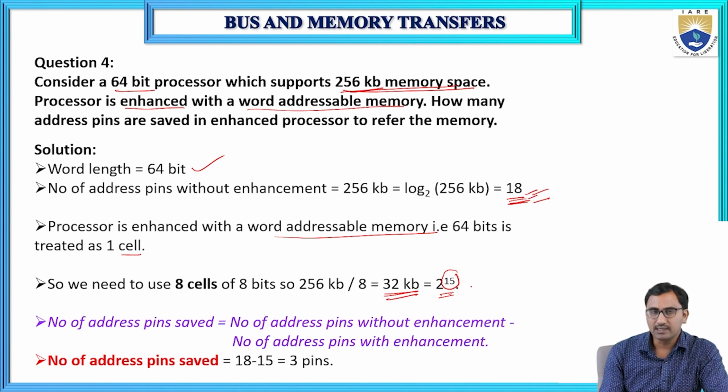So this is with the enhancement. So the number of address pins saved is equal to the number of address pins without enhancement minus the number of address lines with enhancement. So 18 is the number of address lines without enhancement and 15 are the address lines with the memory enhancement. So 18 minus 15 is equal to 3. So by using the memory enhancement, 3 address lines are saved.